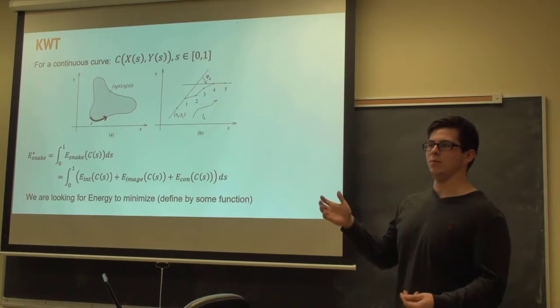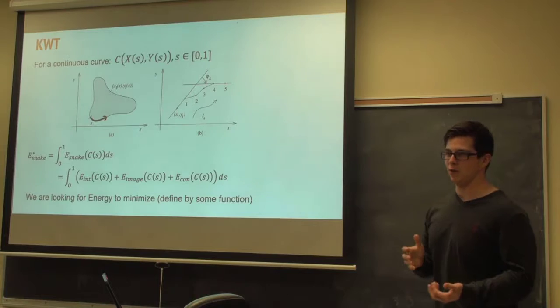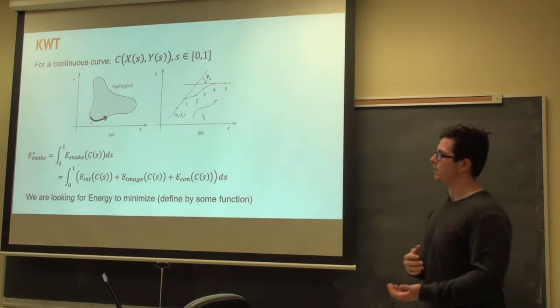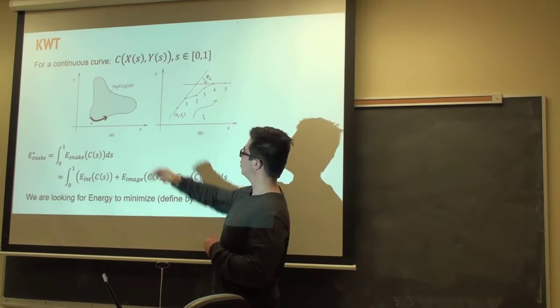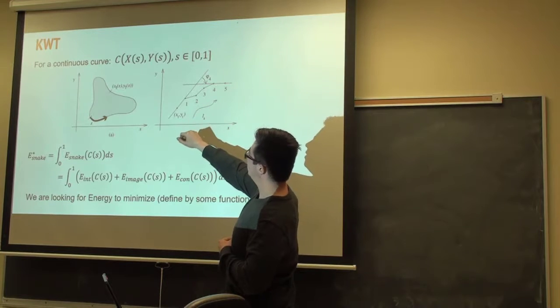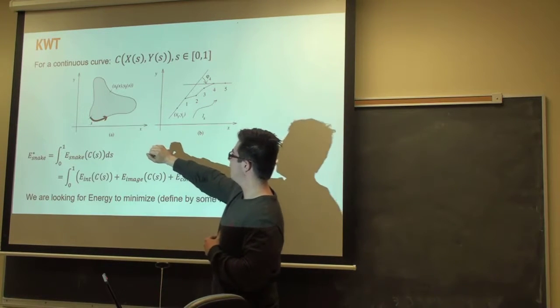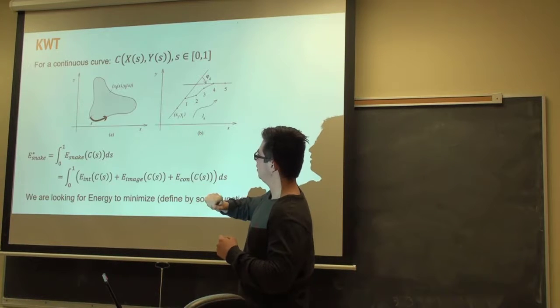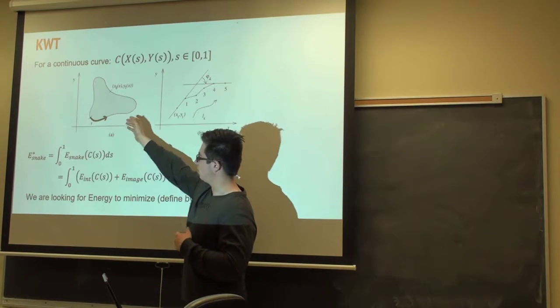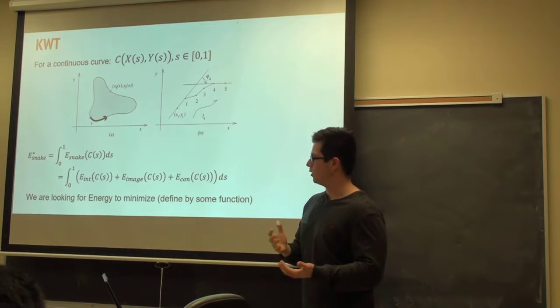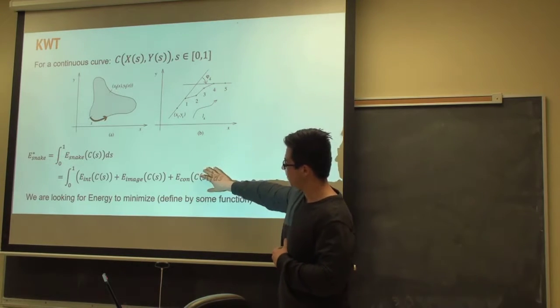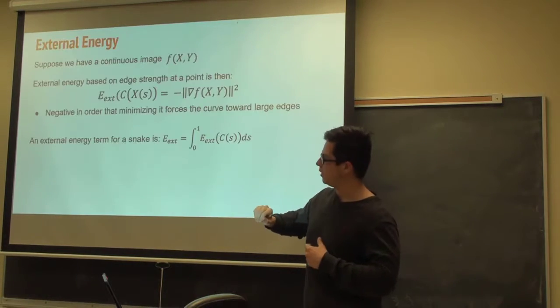It just depends on what magnitude you're multiplying or how you alter the equation. For example, in this slide, our curve equation is represented by this blob, and our snake is represented by this arrow. In general, the snake equation is written right here. Go on to the next slide.